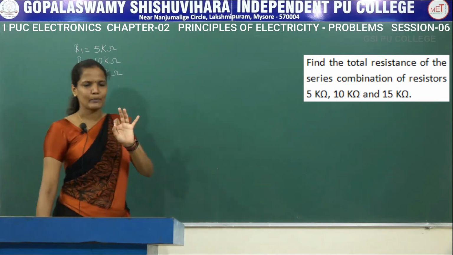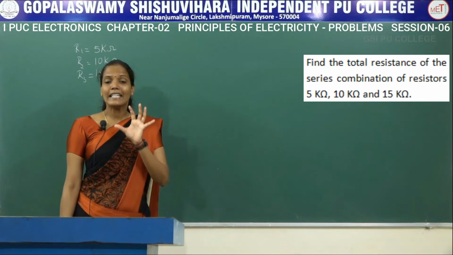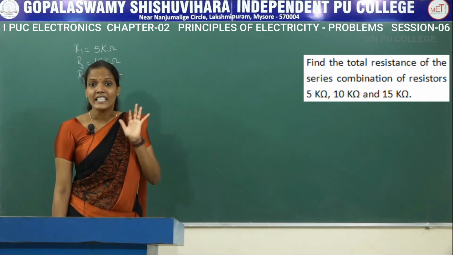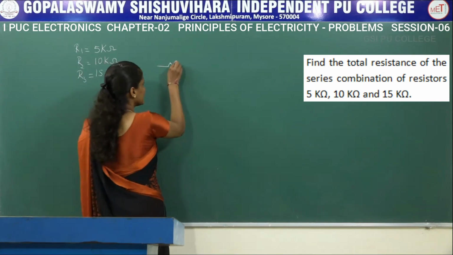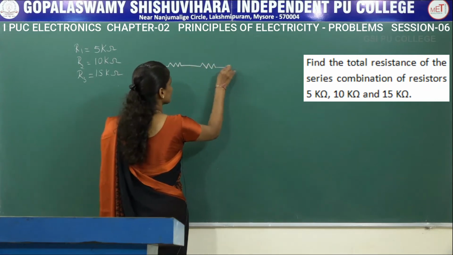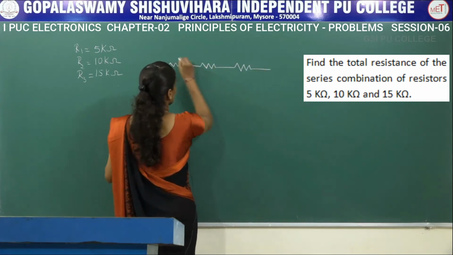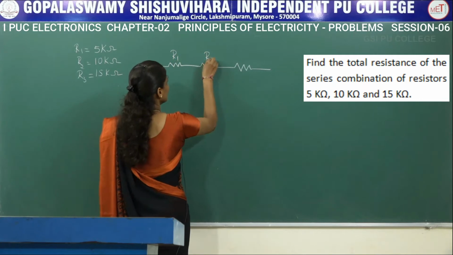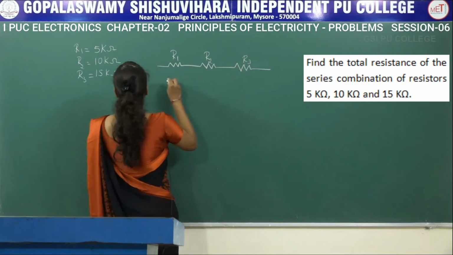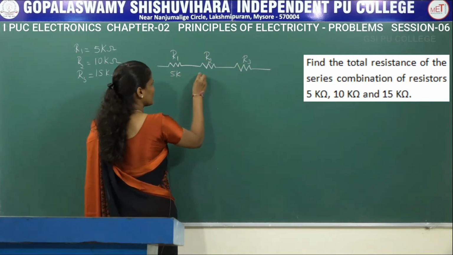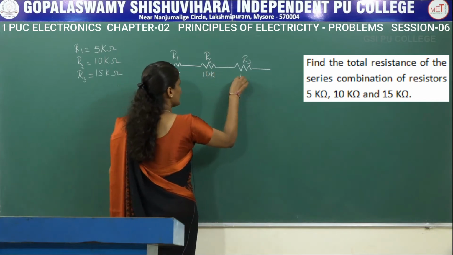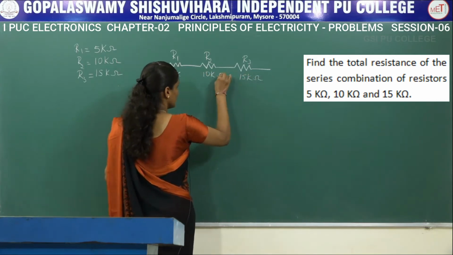So in this particular problem, they have told you that these resistors are connected in series. Series anta helidaga the diagram will be like this. If I am going to consider this as R1, R2 and R3, their values are given as 5 kilo ohm, 10 kilo ohm and 15 kilo ohm.